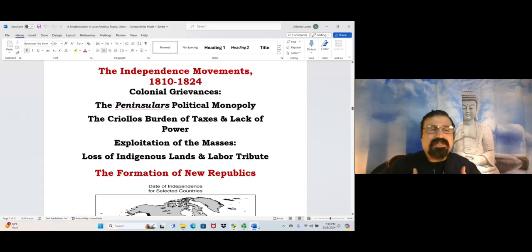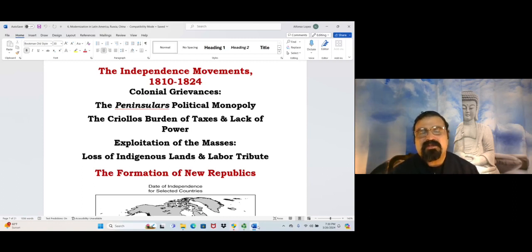We see, of course, the Creoles, those are Spaniards born in America, really on the ascendancy. They're becoming very productive, and they're in charge of the economy, so to speak. They own the most important enterprises in the colonial world, and they're the ones that are going to be pushing the colonies towards independence.